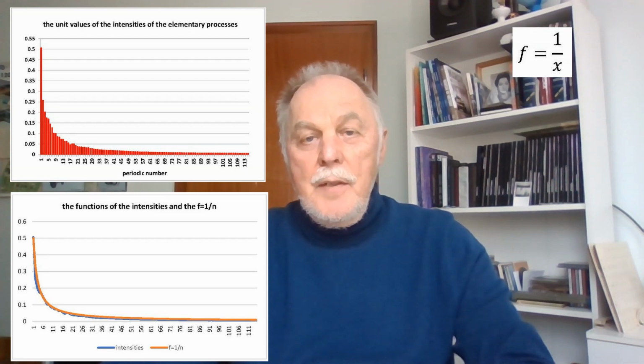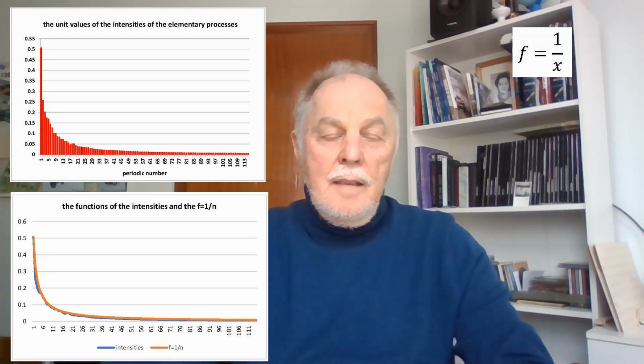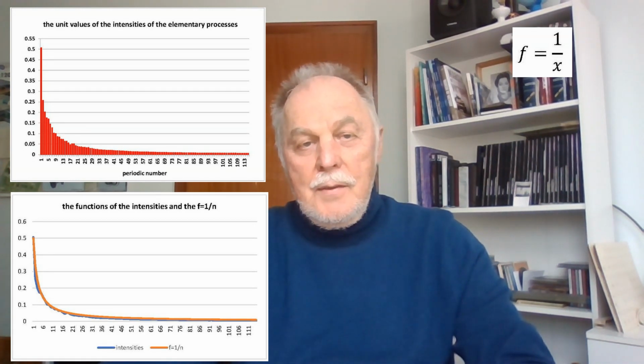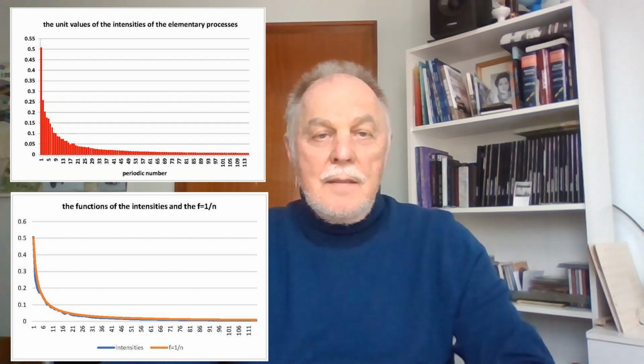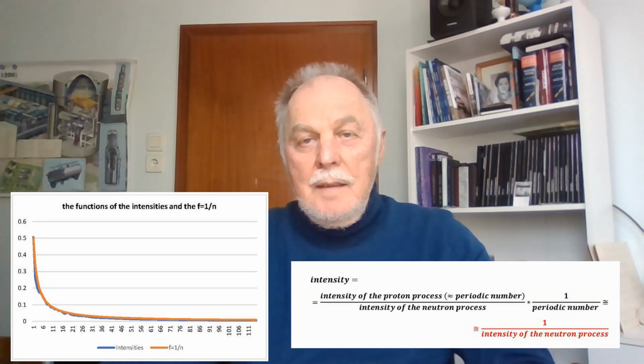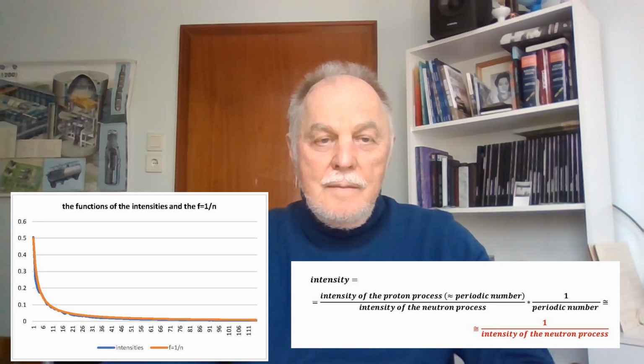The diagram of the unit values of the intensity is in fact equal to the 1 per x function. This is, as we can say, not too dramatic, since this is the inverse of the number of the neutrons.